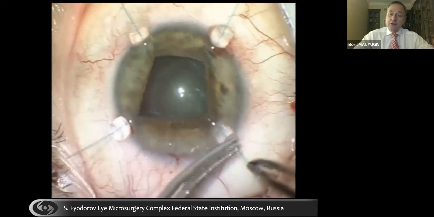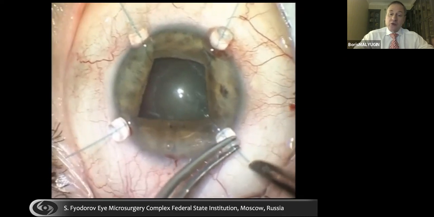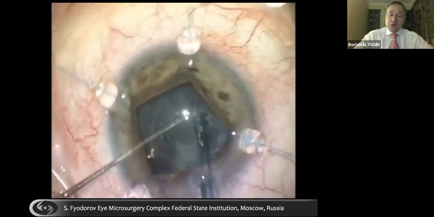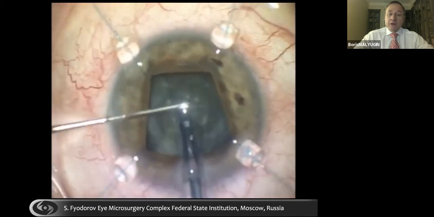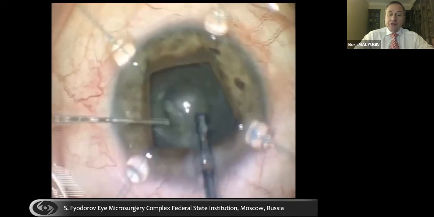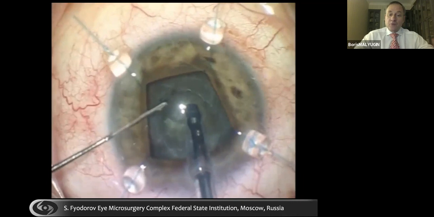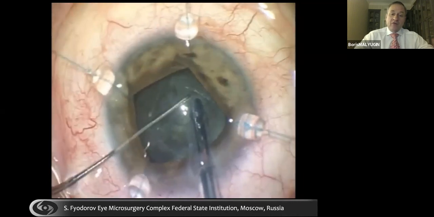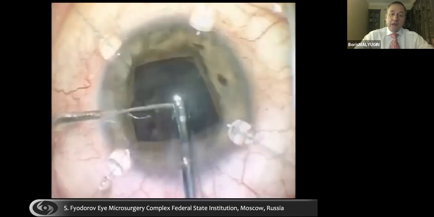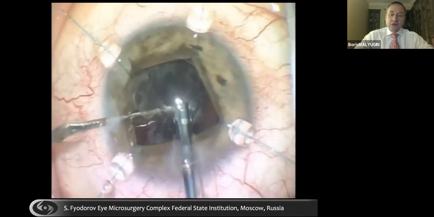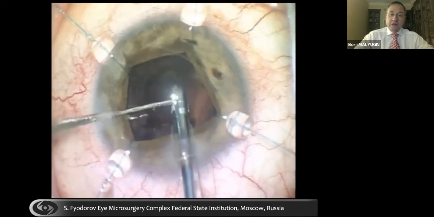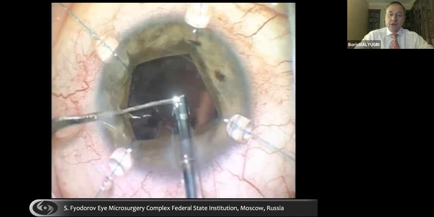Iris hooks are widely utilized for that purpose, and as shown here, by holding the iris in 4 points, we may have a very nice square pupil, allowing us access to the lens material and allowing us to stabilize the pupil.